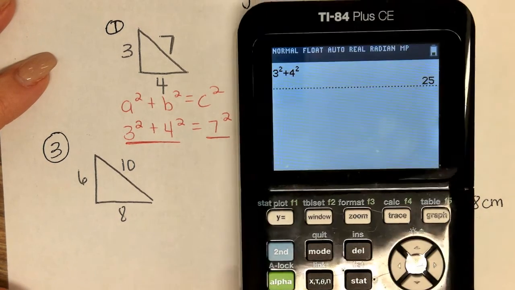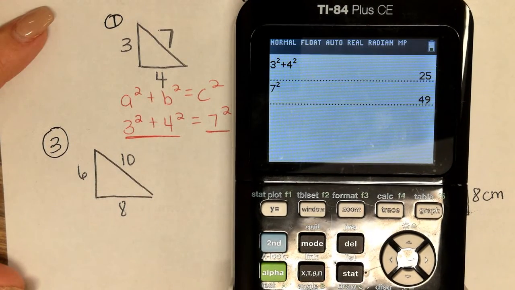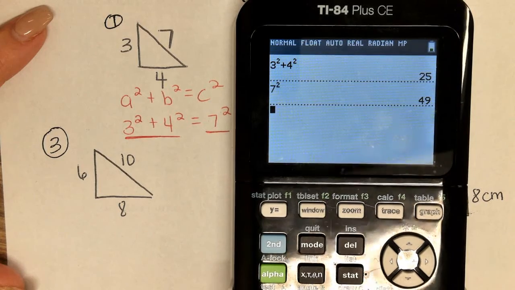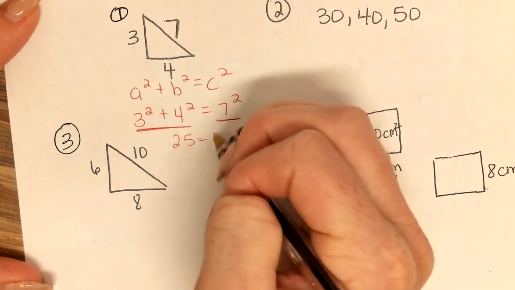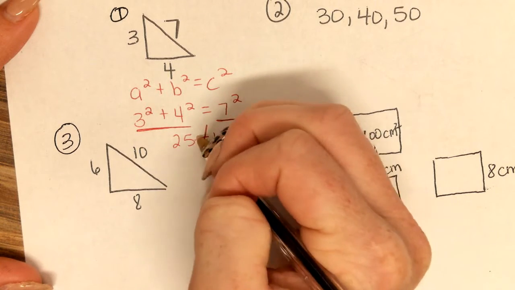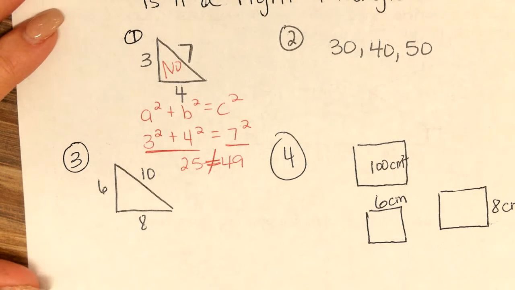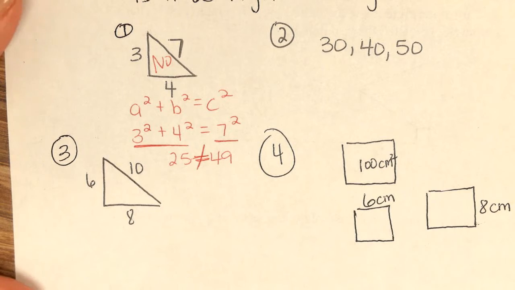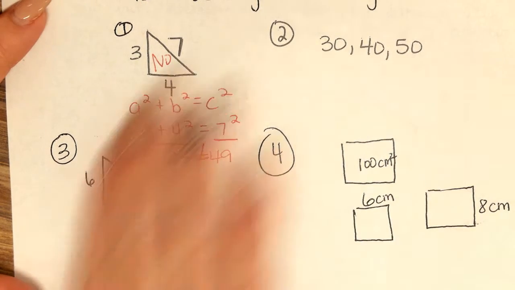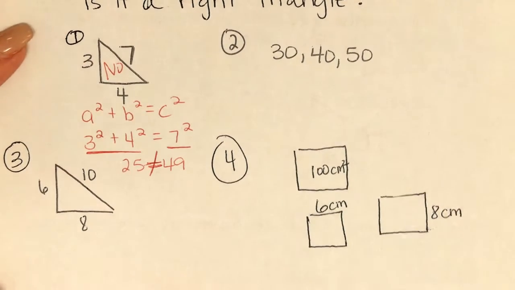And then type in 7 squared. Did they give me the same answer? Yes or no? No. So they gave me 25 is equal to 49, and we know that is not true. So this would not form a right triangle. So let me ask y'all, are you going to use your square root button for these? No, because you're not solving for a missing side. All right, set example 2 up on your own.